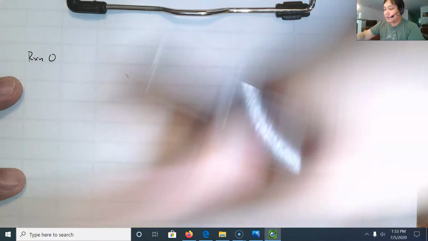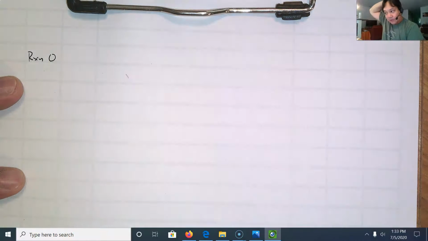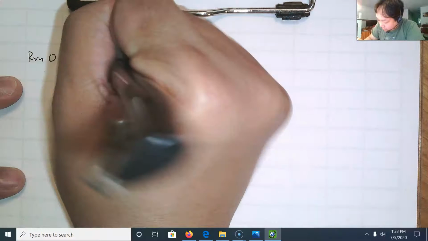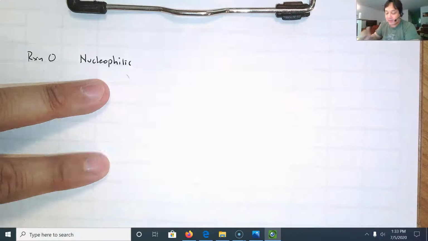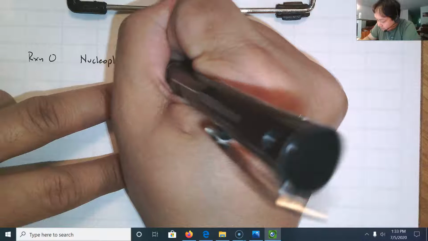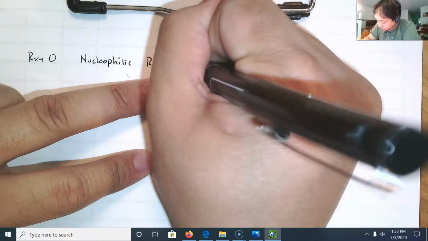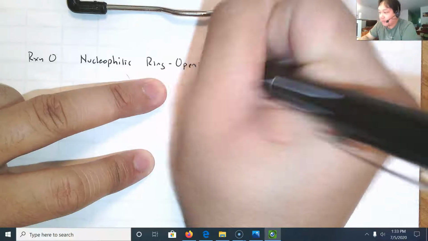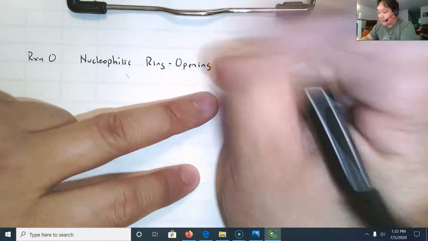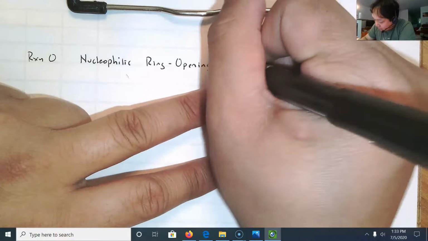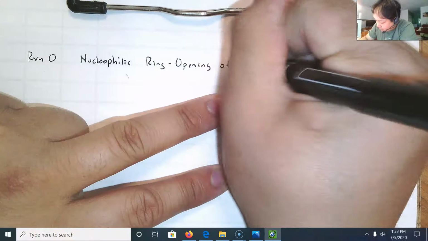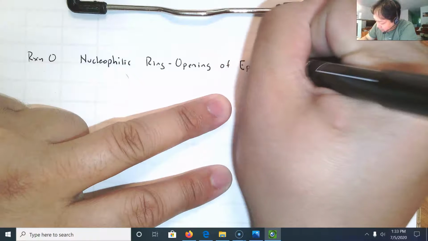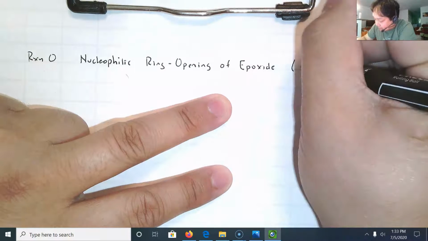Let me call this nucleophilic ring opening of epoxide, and the conditions are absence of acid.